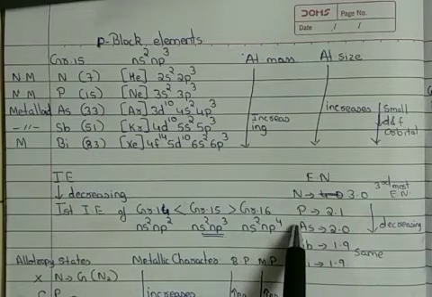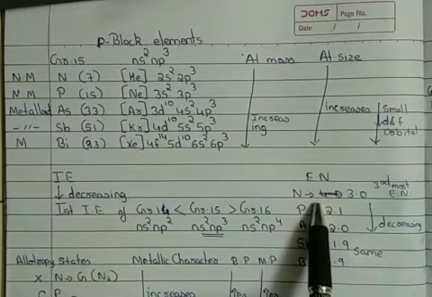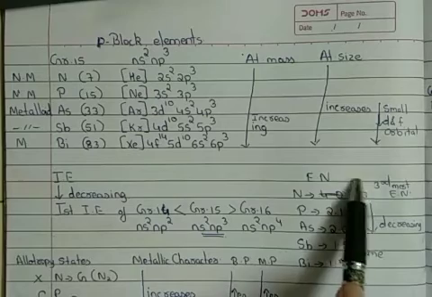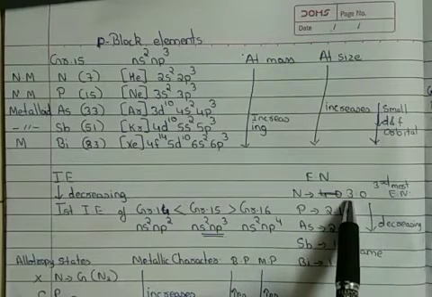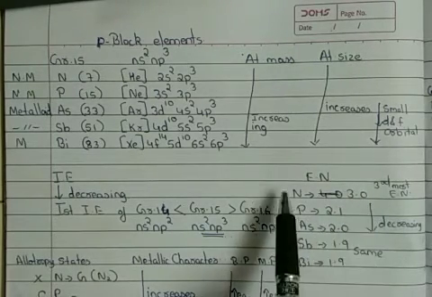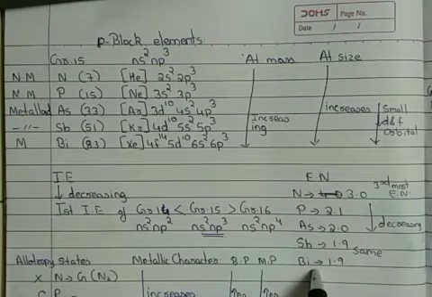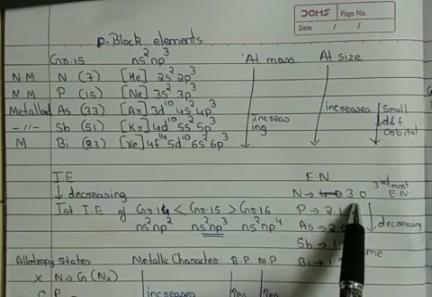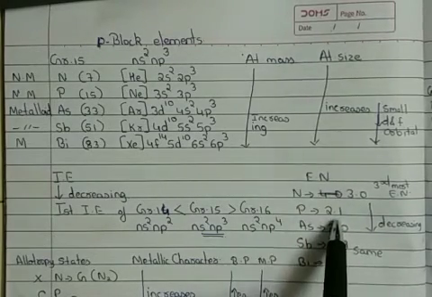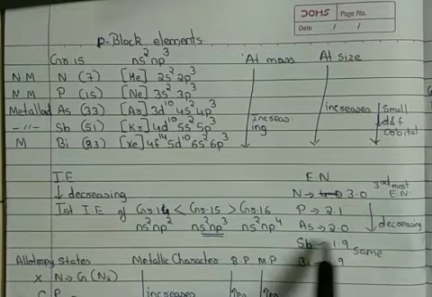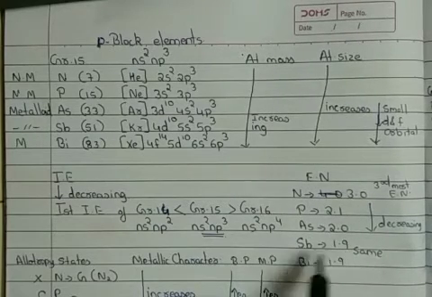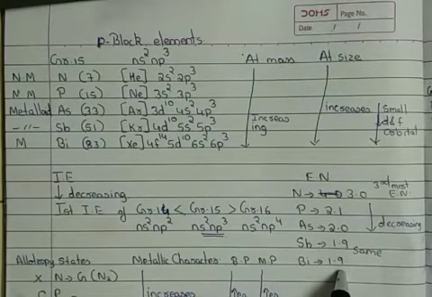Electronegativity can be determined with a value given by Pauling. We call it the Pauling scale. According to the Pauling scale, the values for the elements of group 15 are: for nitrogen it is 3, for phosphorus it is 2.1, arsenic it is 2.0, antimony it is 1.9, and bismuth it is 1.9 again.